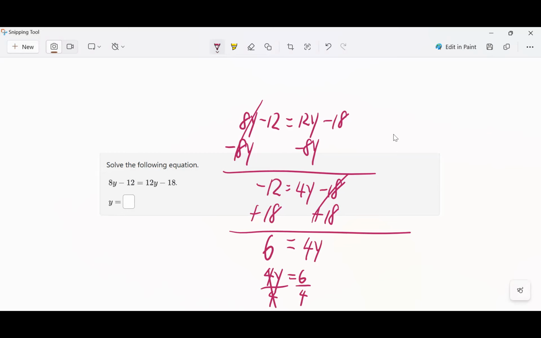So you get y equals 6 over 4, and then you reduce it: 6 divided by 2 is 3, 4 divided by 2 is 2. Or you can also write it as 1.5. This one divides evenly, so 1.5 works. And let's quickly check it.